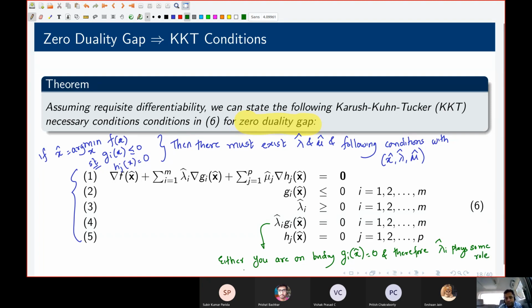Or you are well inside the space, where g_i(x hat) is less than 0, and therefore lambda_i hat is meaningless, I mean lambda_i hat is 0 and plays no role.